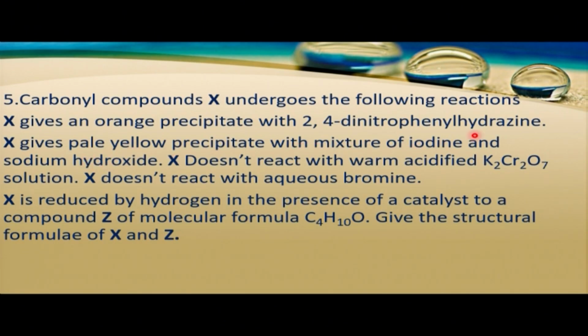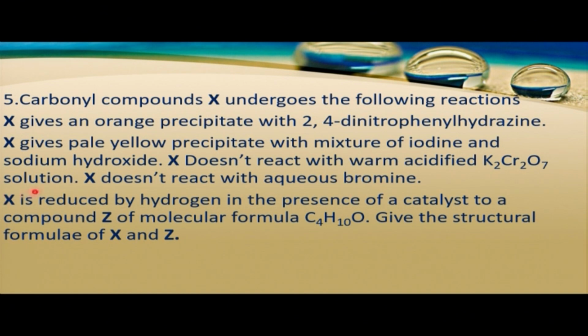We know the purpose of using this mixture in the chemical tests. And then X doesn't react with warm acidified potassium dichromate solution. We know the substances which cannot undergo oxidation. That is an oxidizing agent. X doesn't react with aqueous bromine. We know what it means.